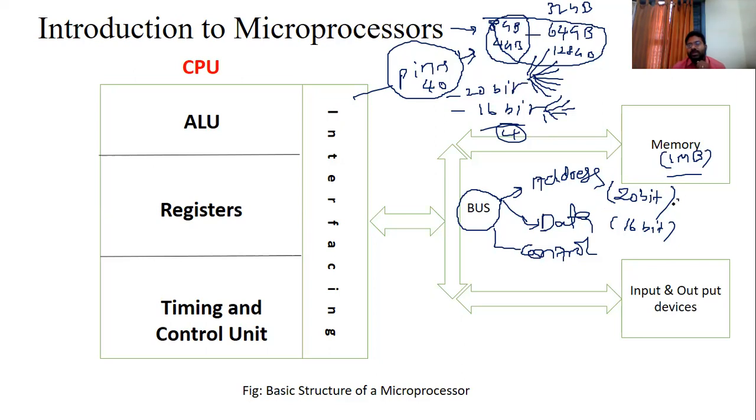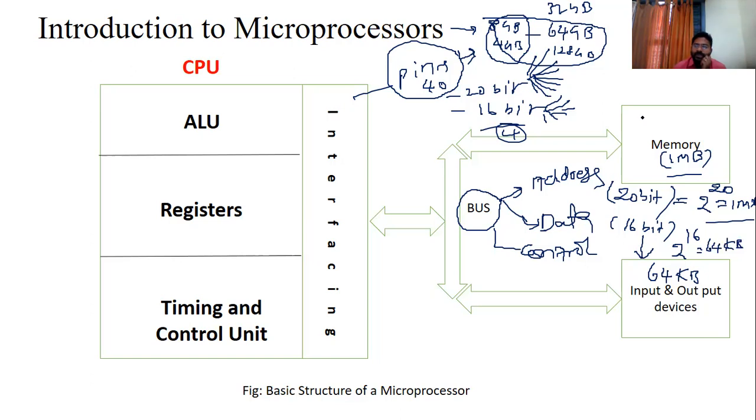You can calculate 2 power 20, which is nearly 1 MB. Then the data lines: why are the input output devices only 64K? The number of data lines, 2 power 16, is nearly 64K. That is the reason.